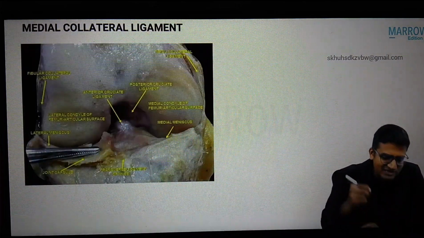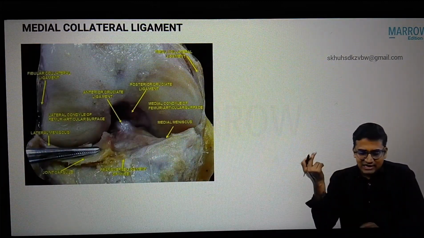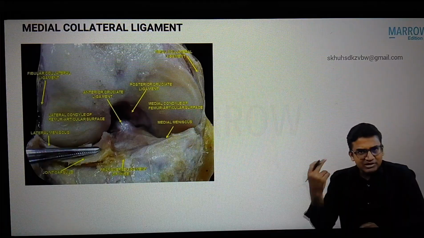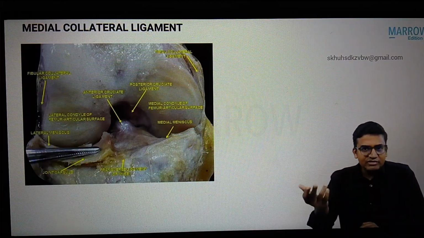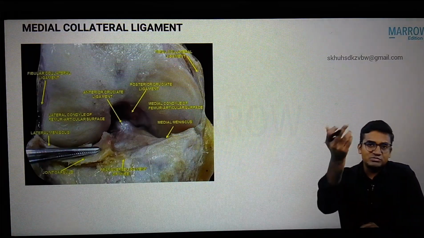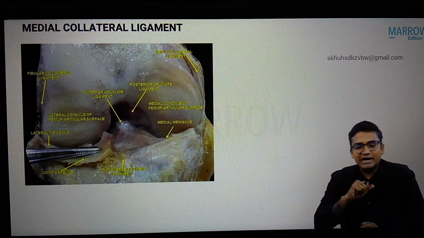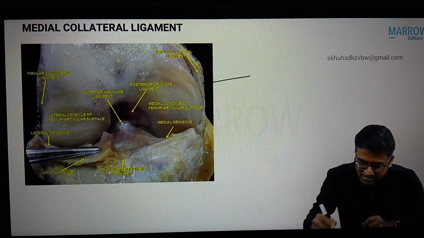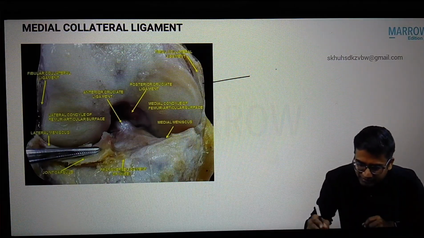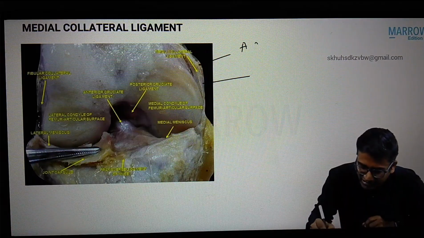Now, the adductor magnus muscle, previously, was attaching to the tibia bone only. Because of evolution, the muscle went more proximally, leaving one ligament in the line of attachment. What is that? That is our medial collateral ligament. And this is our adductor tubercle.